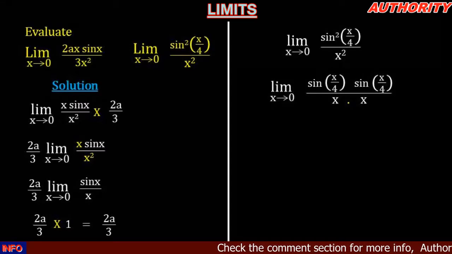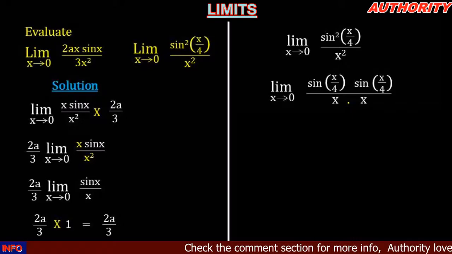That means we are going to have limit as x approaches 0, sine (x over 4) times sine (x over 4). When you multiply this together, it's going to give you sine squared (x over 4). And in our denominator, where we have x squared, it's still the same thing as saying x times x.